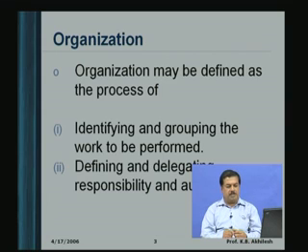Another aspect is defining and delegating responsibility and authority. We must know who is responsible, who is supposed to complete the task. When certain things are not completed, you know whom to approach, whom to ask, and how to fix the blame.